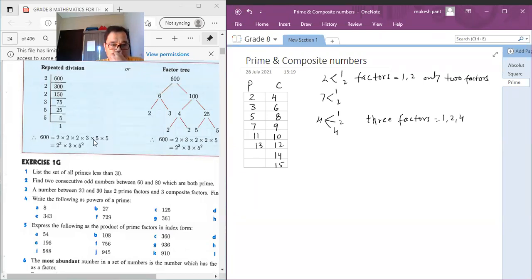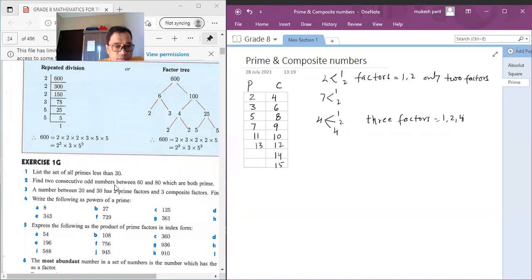First, if you look at exercise 1G, list the set of all prime numbers less than 30. I think you can do it. And question number 2, find 2 consecutive odd numbers between 60 and 80 which are both prime. Good question. Can anybody tell me?